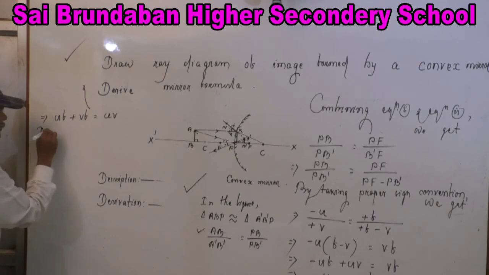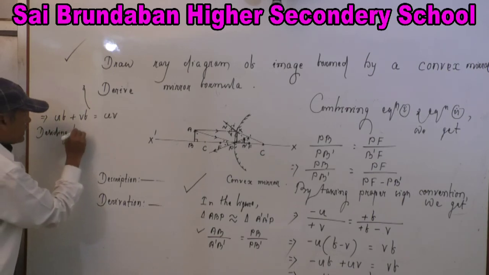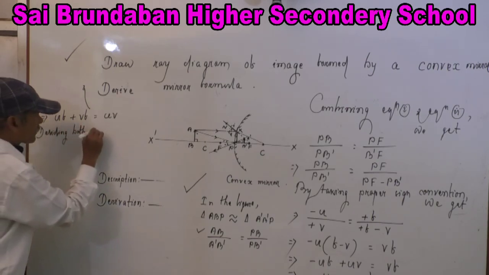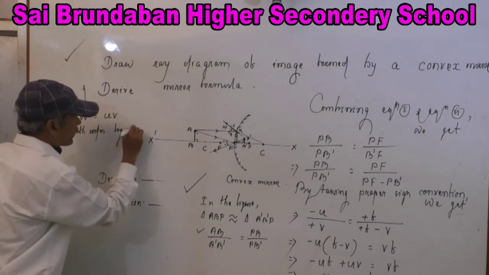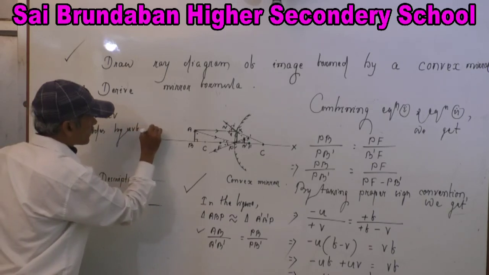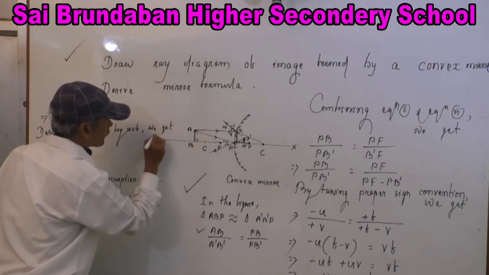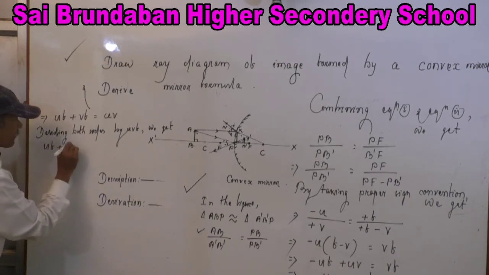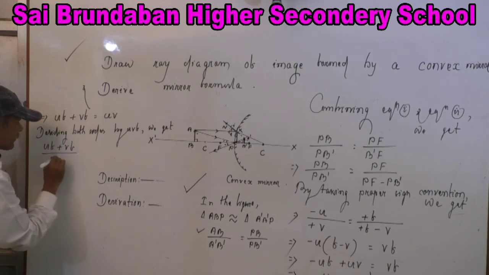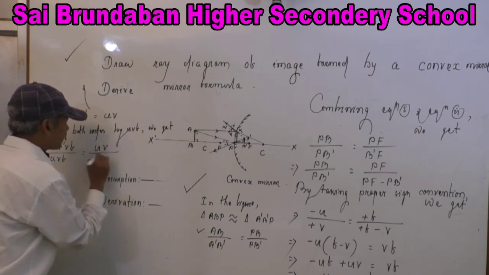Dividing both sides by uvf, we get uf plus vf by uvf is equal to uv by uvf.